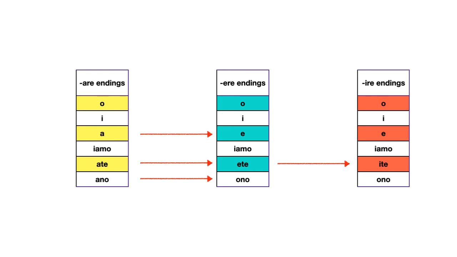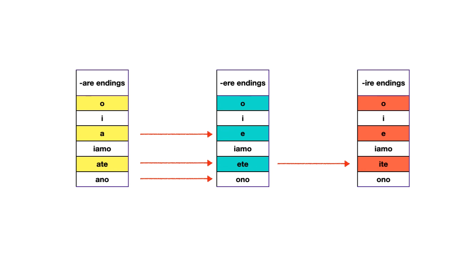So basically, if you already know the ere endings, you can easily conjugate ire verbs as long as you remember that there is that small change for the voi ending. Instead of ete, it is ite. Okay? So it's quite simple.